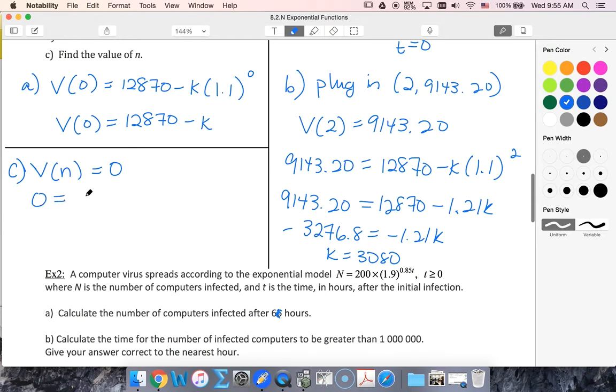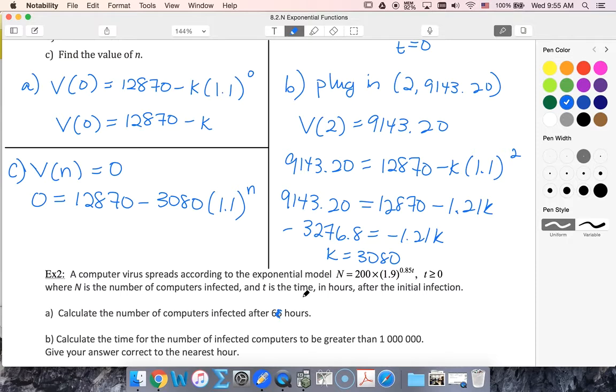So 0 equals 12870 minus 3080 times 1.1 to the t power. And now my t is actually my n, because that's what we're looking for. So I'm going to call this n because we're plugging in n for our t. And now I can't solve this one algebraically.